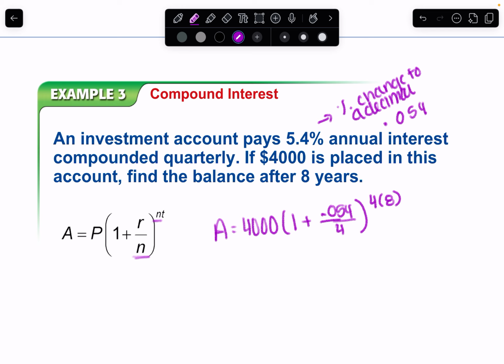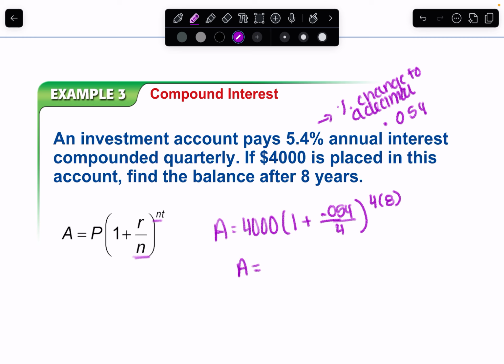So from here, I am then taking all of this and plugging it in to my calculator. You can plug the entire thing in at one time, especially if you have a TI-84. If you're using one of the other calculators, you may have to do it in pieces, as far as actually multiplying your 4 and your 8 and your exponent and kind of breaking it apart.